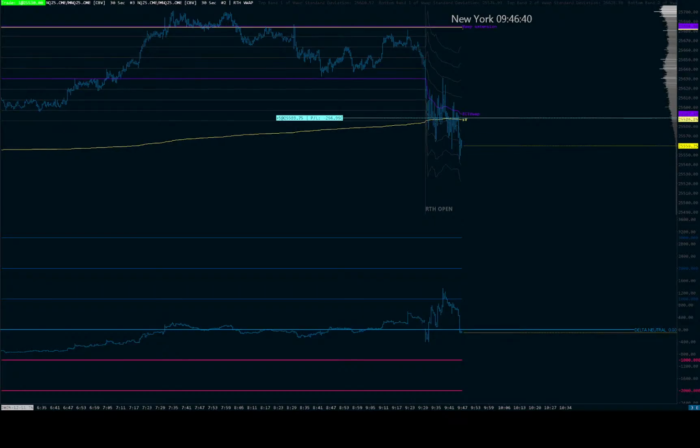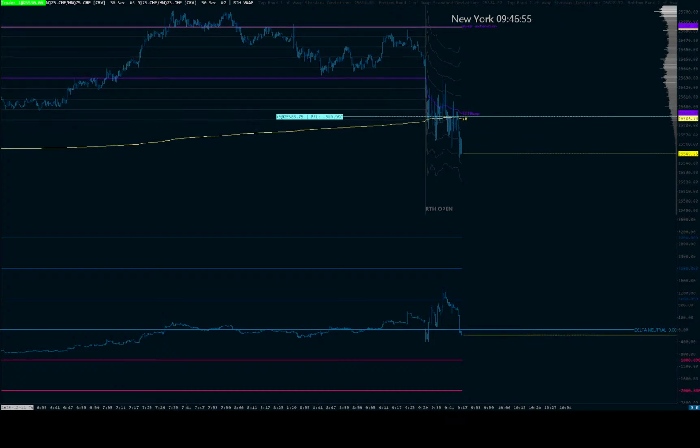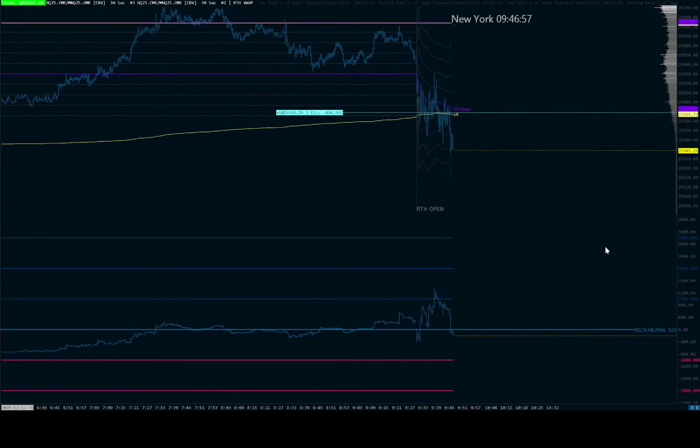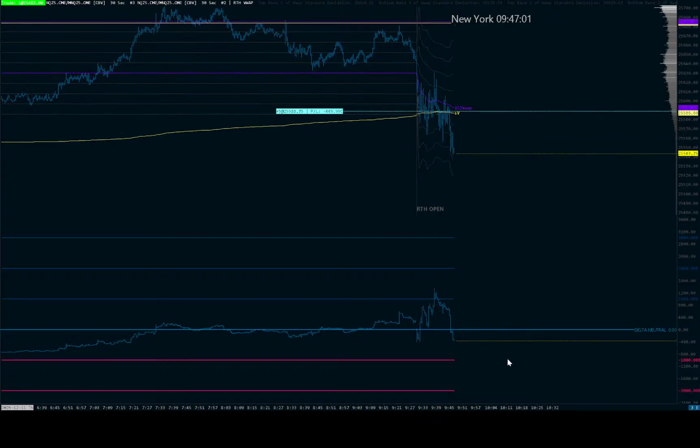They're using whatever tools they have in their toolbox to adjust their positions. So if this thing breaks this RTH low right here, then we'll probably have to flip.